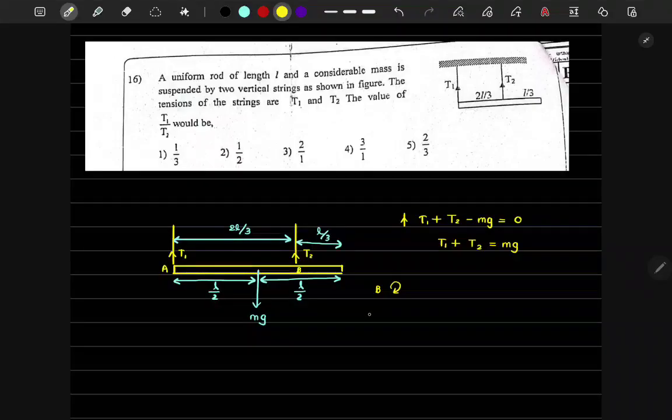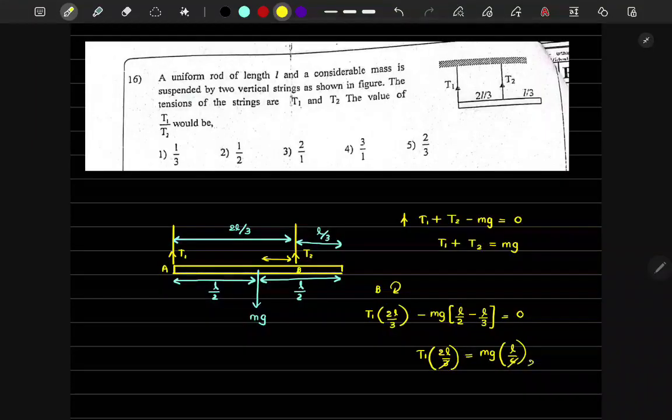So T1 times 2L over 3 minus mg, because mg is an anti-clockwise moment considering point B, which is at a distance L over 2 minus, because we need to consider this distance, L over 3, equals 0. So T1 times 2L over 3 is equal to mg times L over 6.